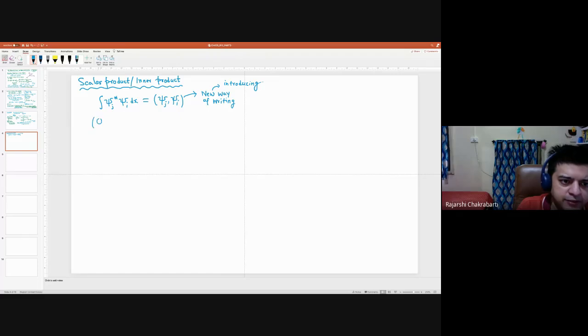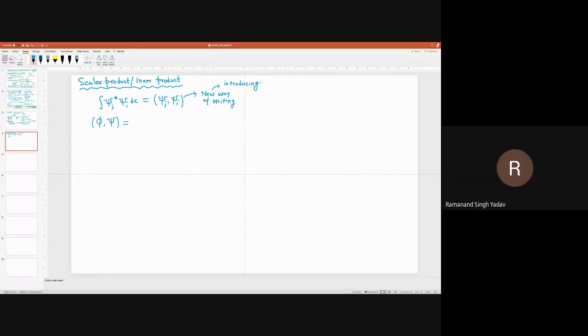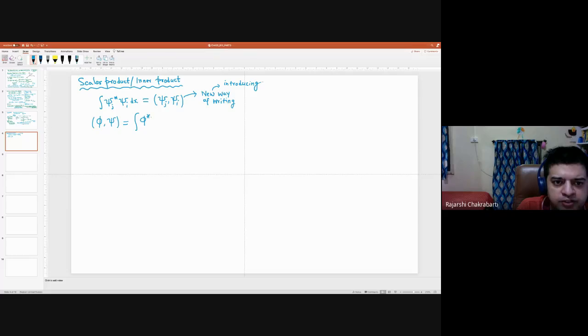For example, if I write phi comma psi, what will be the answer? Integral phi star psi dx for one dimension. Yes, I am doing it in x. I don't want to write the variable again and again. Is this clear?